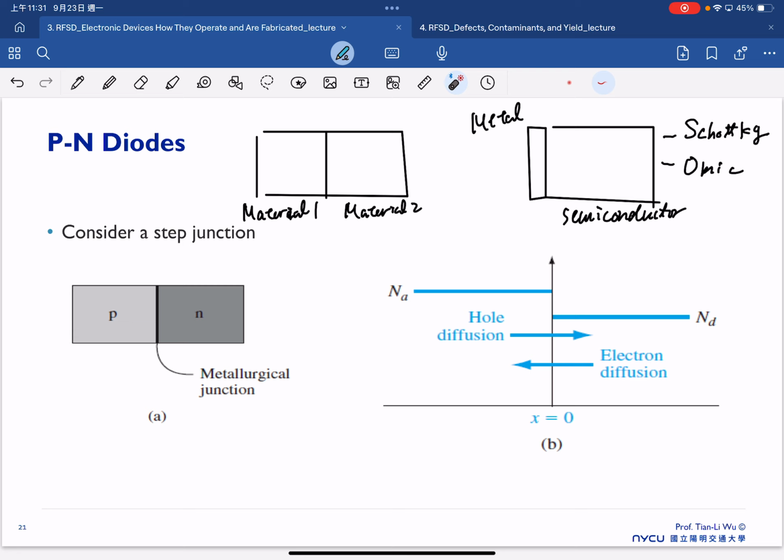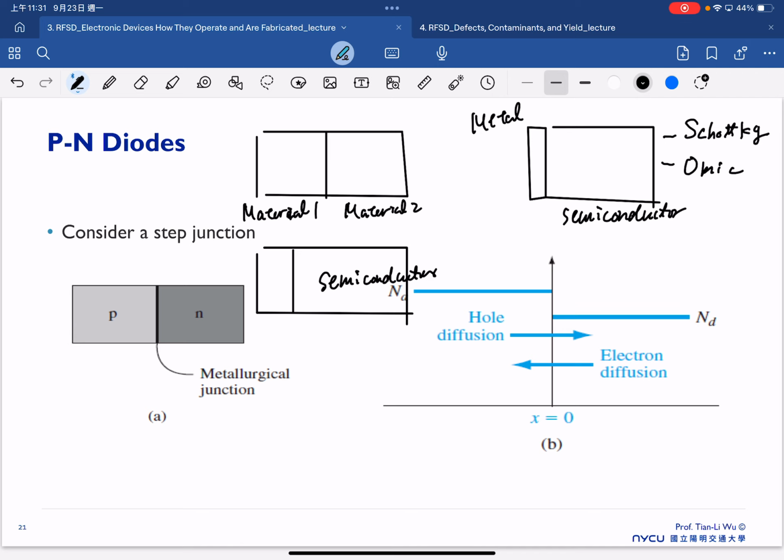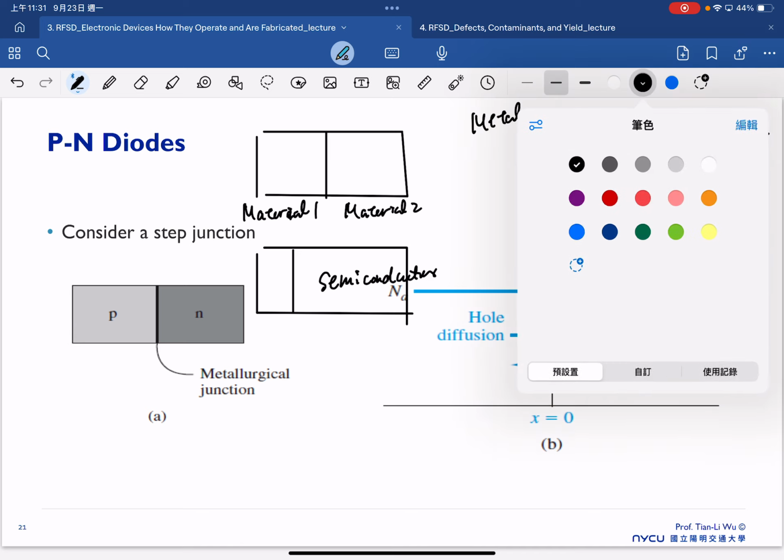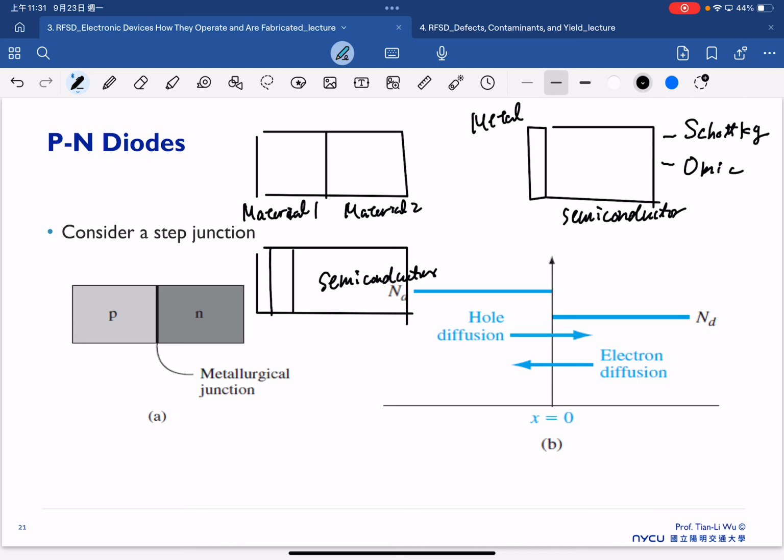And then the last structure we are interested in is, first, we have a semiconductor, and for sure we have the metal. This is metal. But how about right now we insert one insulator, for example, silicon dioxide?